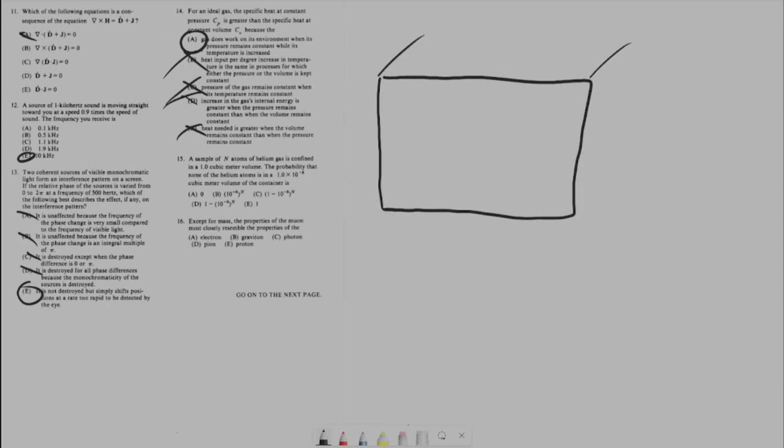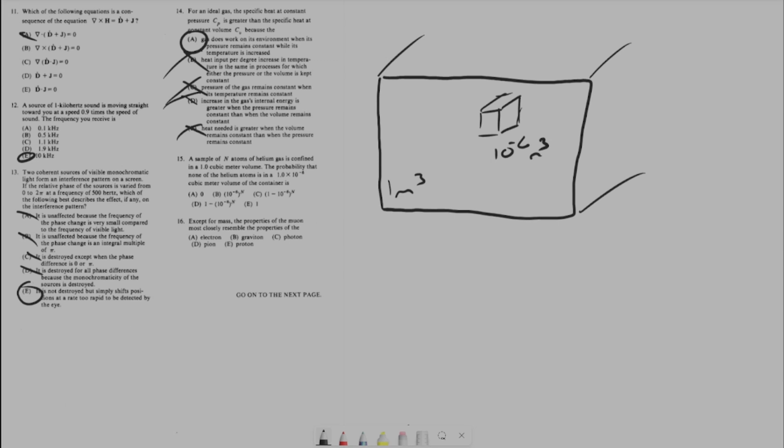That's going to be your 1 cubic meter, and this is most certainly not to scale, but I've got my truncated 10 to the negative 6 cubic meters. So they're asking, what is the probability that it's not in one of those?